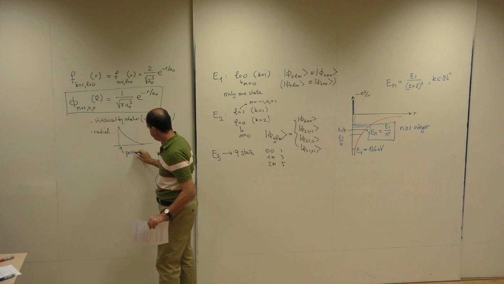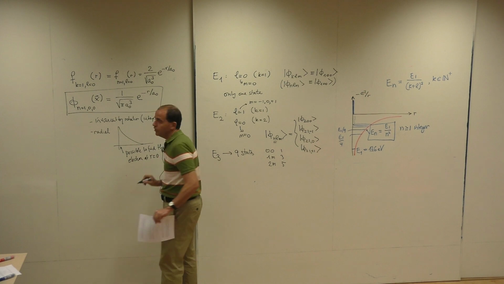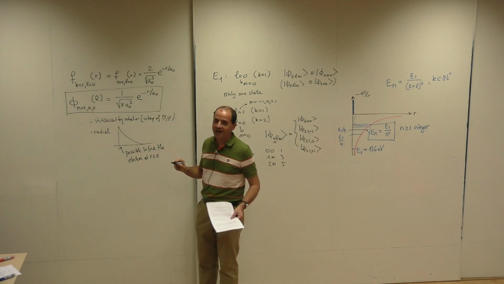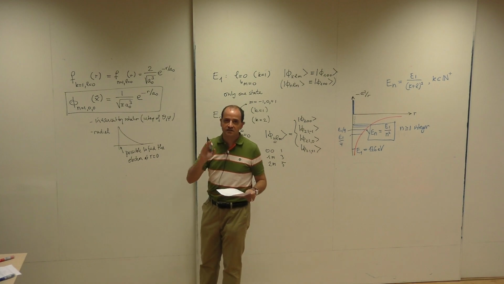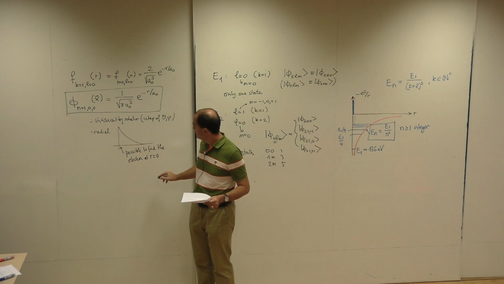But because L is equal to 0, it is possible to find the electron at r equals 0. In other words, the electron on top of the nucleus. Because remember, if L is 0, we don't have this centrifugal force. We just don't have the screening potential.